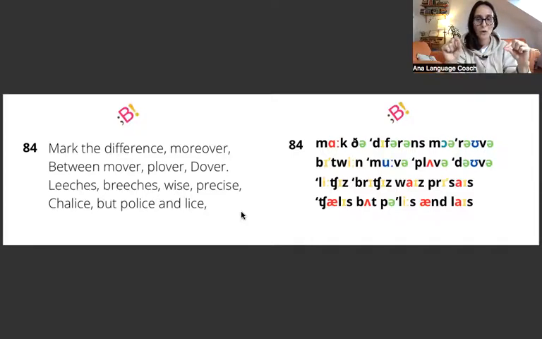Then you have moreover, over, that sound, okay, this deep tongue that we have practiced before from, for example, home or coat. So this is the same, over. Between, mover, can you see the R is not being pronounced there?